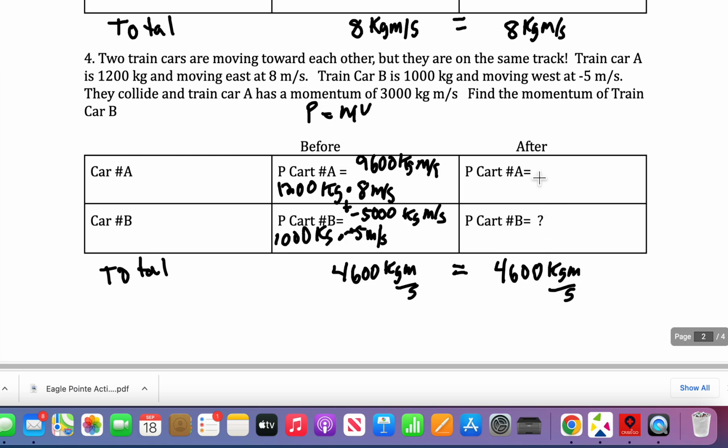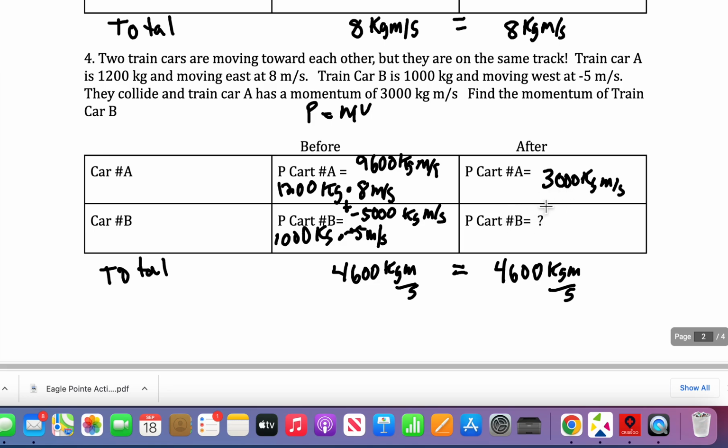All right, now over here. All right, so they collide. After they collide, car A has a momentum of 3,000. So this is 3,000 kilograms meters per second. And so what does car B have to have? Okay, I think it's supposed to be a train, not carts.